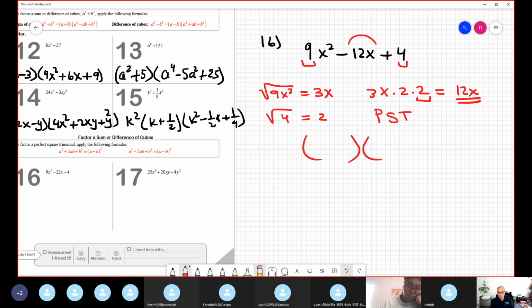If they are twin brothers, you open only one, you put a square, and inside you put 3x and 2. Okay, it's this guy and this guy. And what sign in the middle? Minus. Why minus? Because this sign is minus. Because I know that the last sign in a perfect square trinomial is always positive. End of the story. And the answer is 3x minus 2, squared.